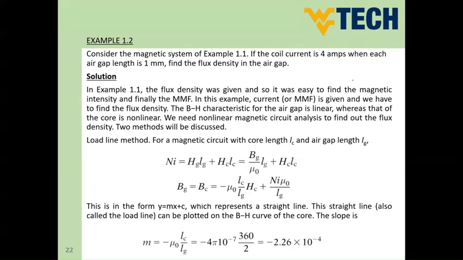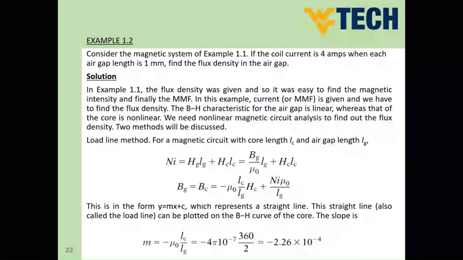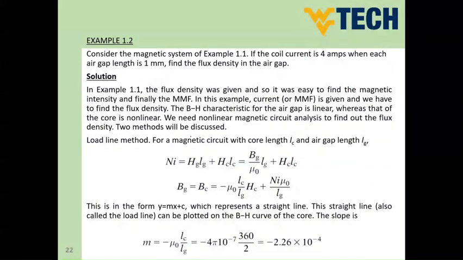So let's see, guys, what problems we have here. Firstly, this is our relation: Ni equals Hg Lg plus H core L core, where Hg is Bg divided by mu naught. So Hg can be replaced by Bg divided by mu naught times Lg, plus H core L core.